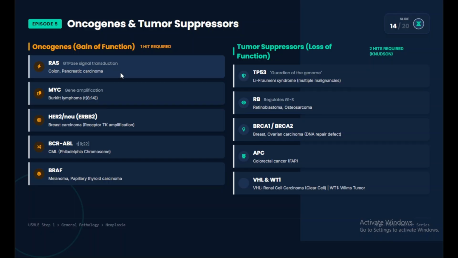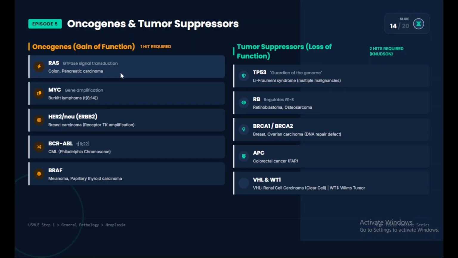There is another gene called MYC, a gene amplification gene, usually seen in Burkitt lymphoma. There is also the HER2 gene, a receptor tyrosine kinase. It causes receptor tyrosine kinase amplification and is seen in breast carcinoma. Then there is BCR-ABL, whose mechanism is a fusion protein, causing constitutive tyrosine kinase activation.